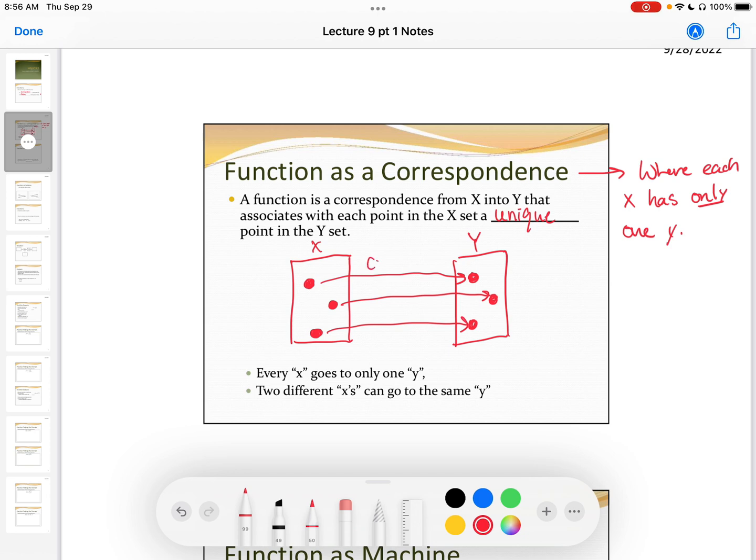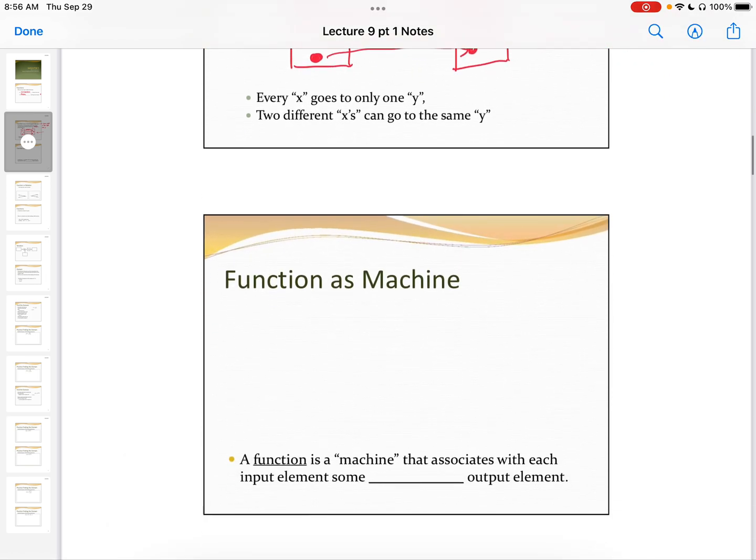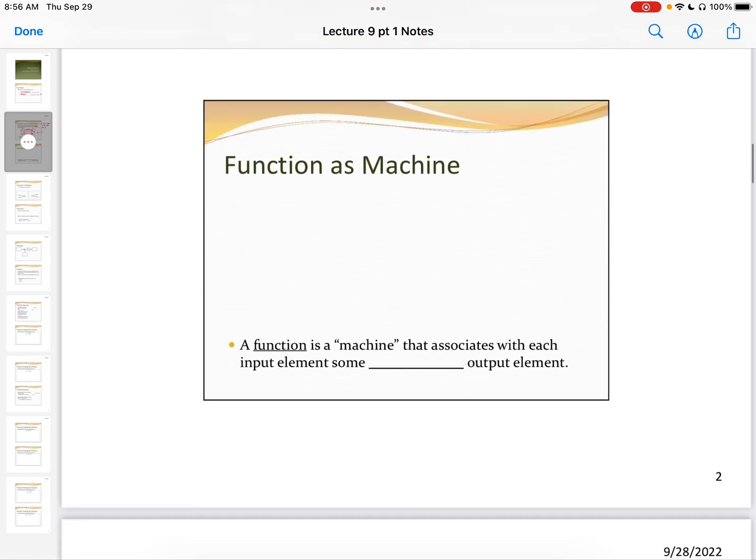And we would label this as the correspondence. So that is your definition of a function as a correspondence, and this is the picture. You are required to draw a picture. So this is the picture that you would have to draw if you're going to define a function as a correspondence.